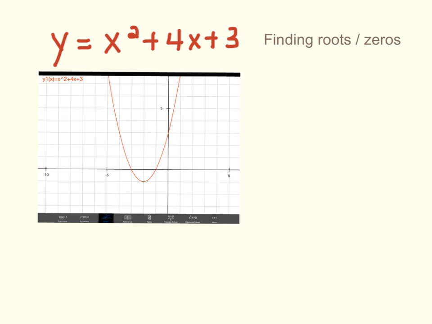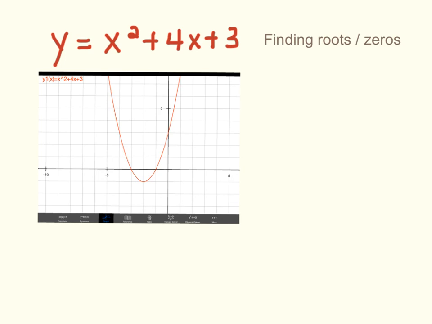Okay, let's use y equal x squared plus 4x plus 3 to talk about the vertex, the axis of symmetry, and then the third thing we want to do is find roots and zeros. The vertex of this particular parabola is its lowest point right here.